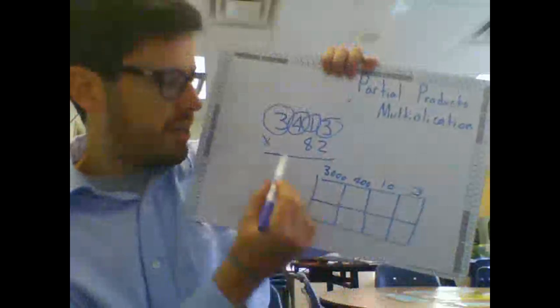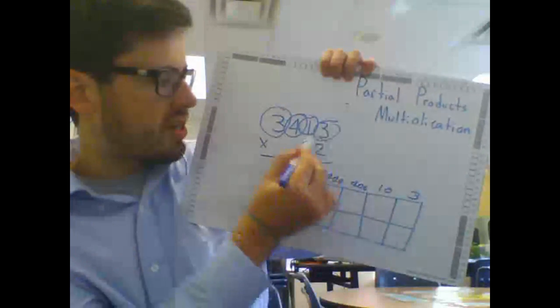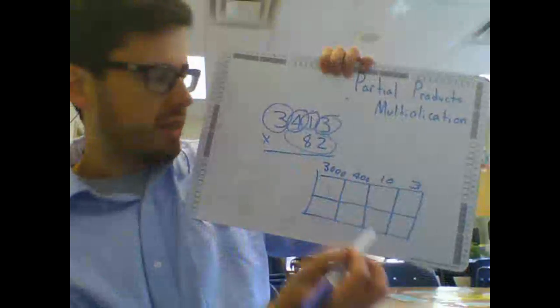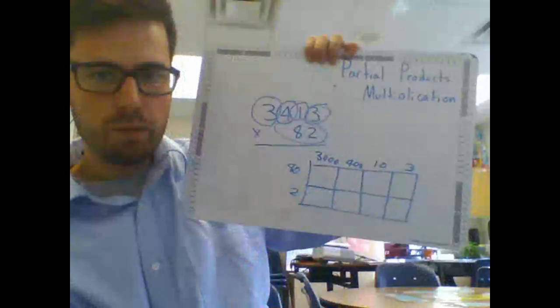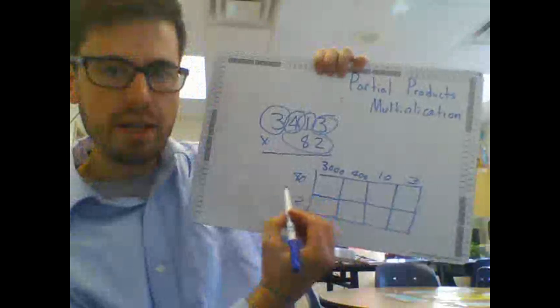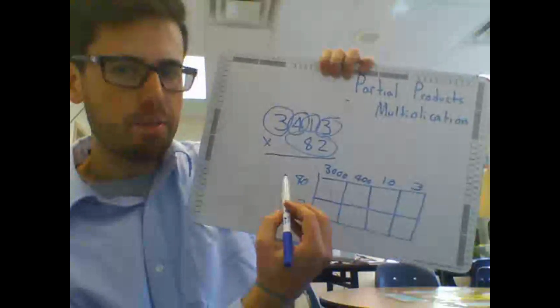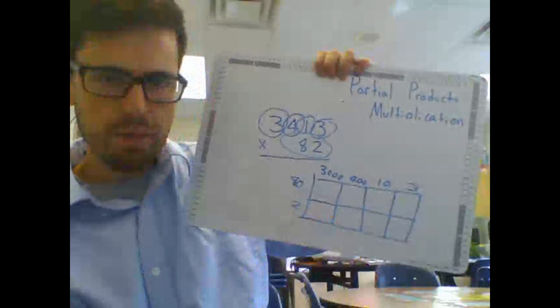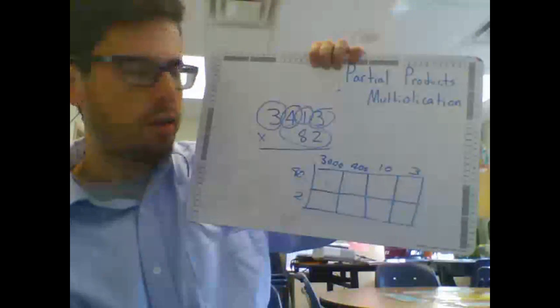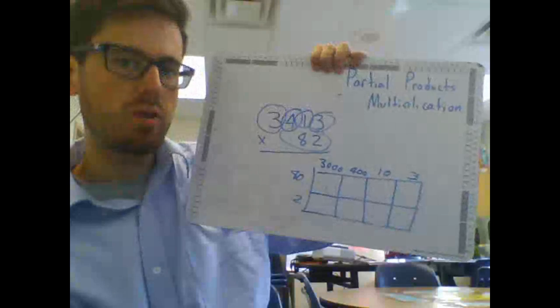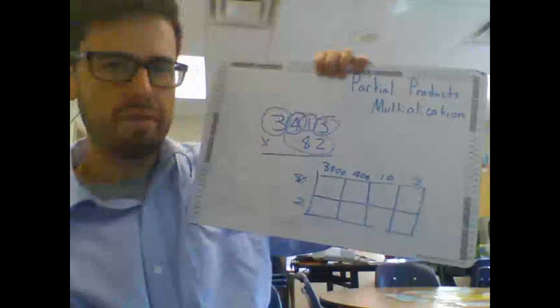And then down this way, we're just going to deal with our second factor, which is 80 and 2. You repeat the same steps that I did in my first example. So this works for any number of digits, whether you're dealing with thousands or hundreds or what have you.